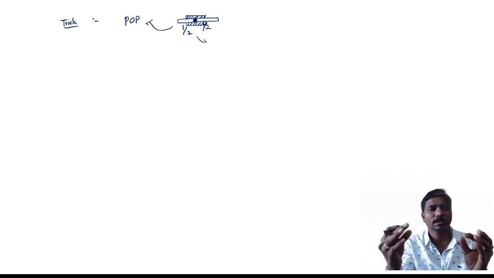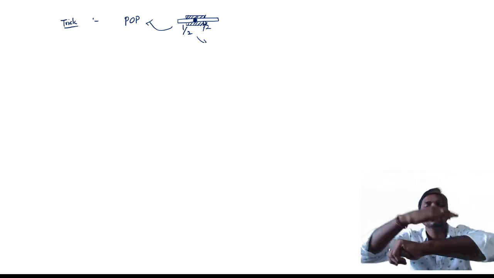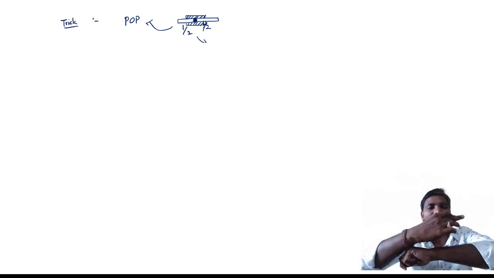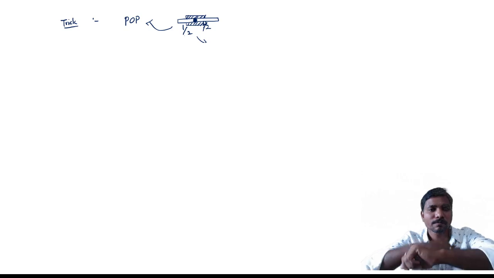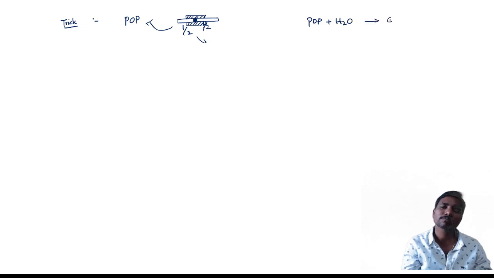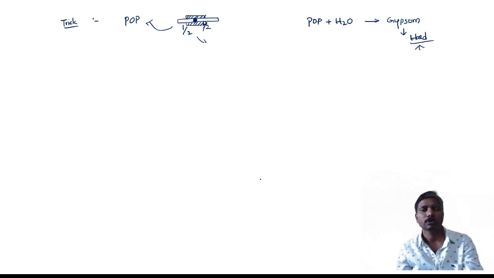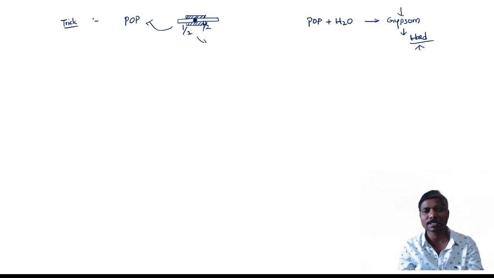We have a thread, and upon the thread the powder of POP is there. That is rolled on the hand or the part wherever it is broken, and they add some amount of water. Whenever they add water to the POP, it becomes like gypsum, a strong, hard material. It becomes hard, which means it gives mechanical support. Gypsum is like a cement.